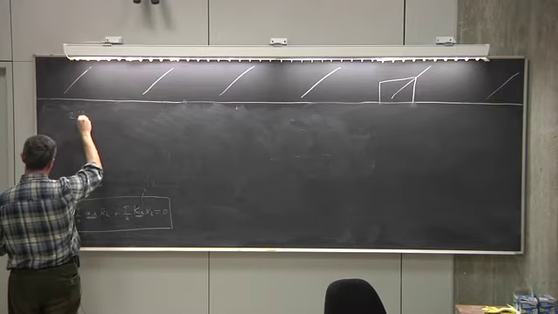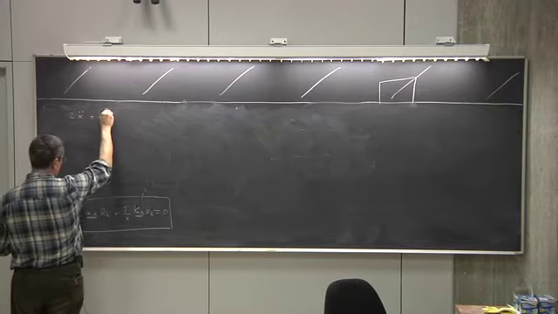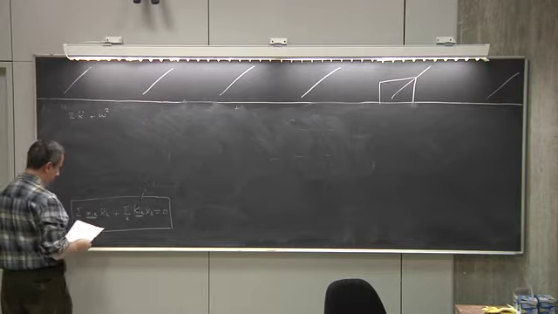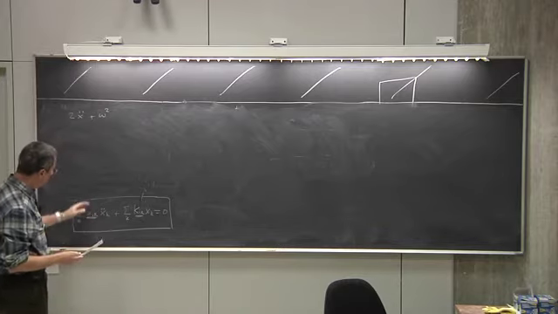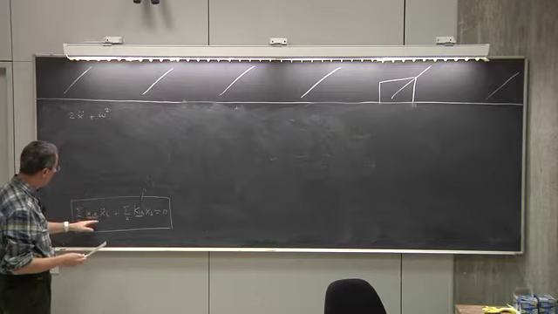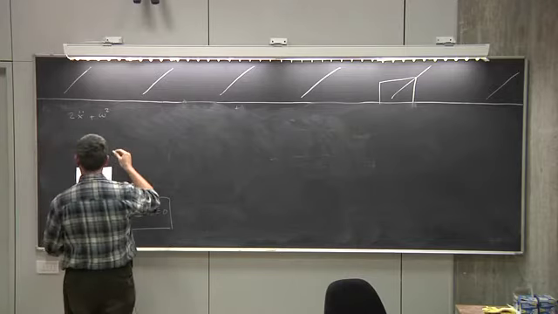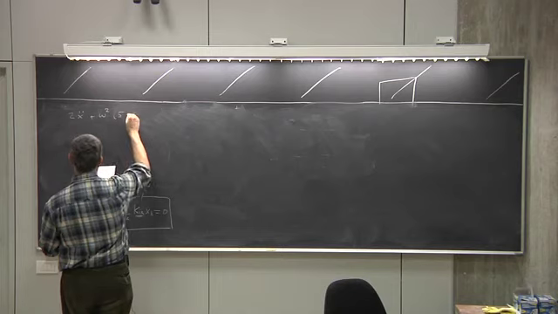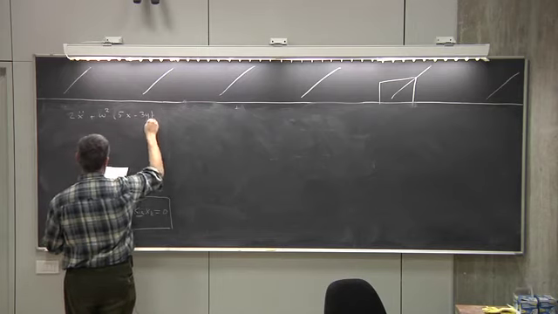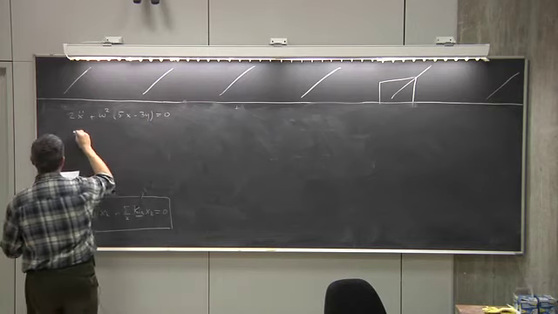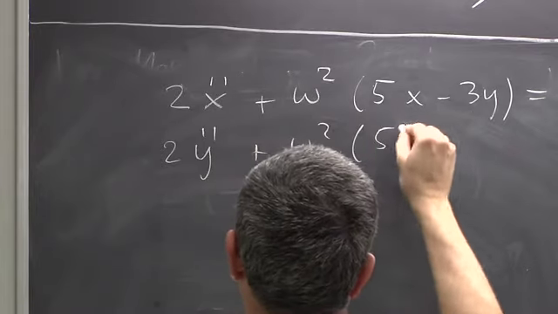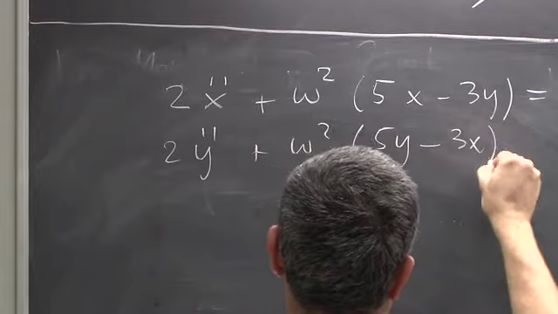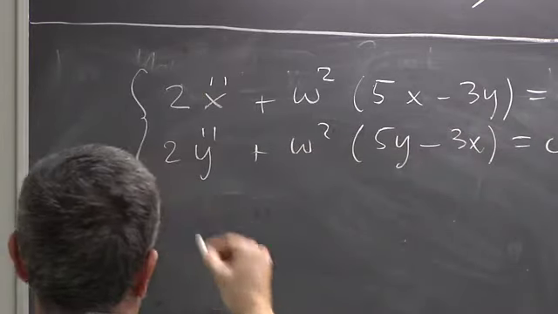Let's do, for instance, 2x double dot plus omega square, I already normalized everything such that I only have these.